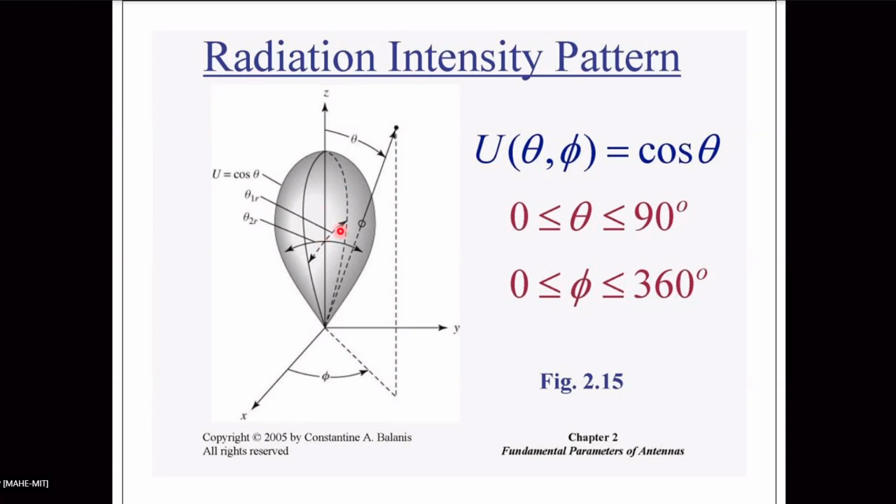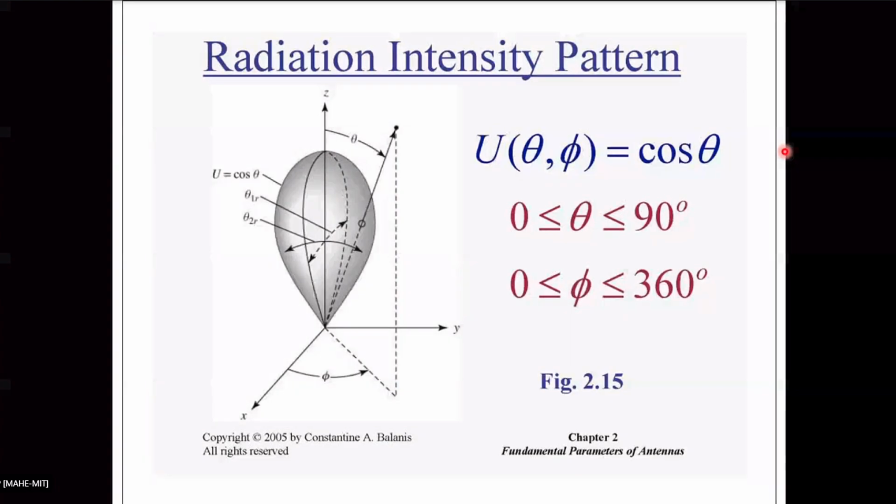How will you find them? Will theta 1 r and theta 2 r be equal for this? Yes, sir. What is its value? Where the pattern beam width becomes half, cos theta value becomes half. What is it? 60 degrees, no? Cos 60 is half.